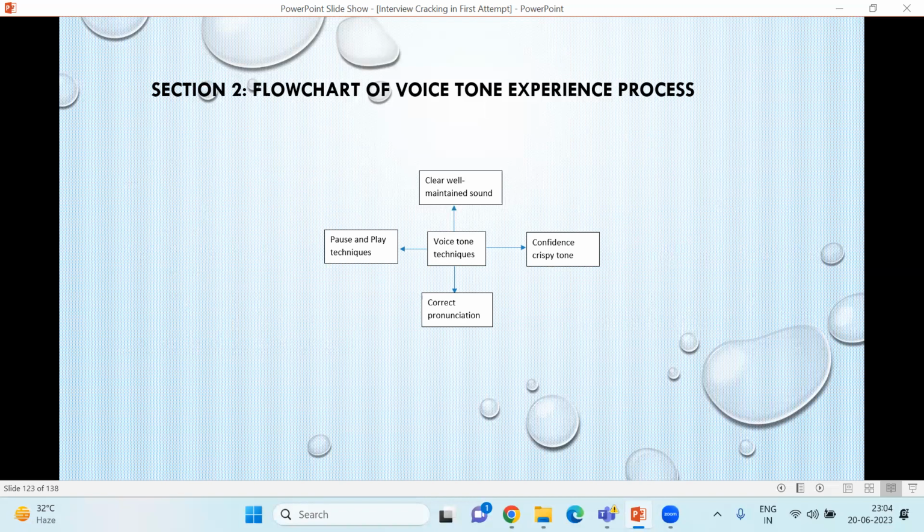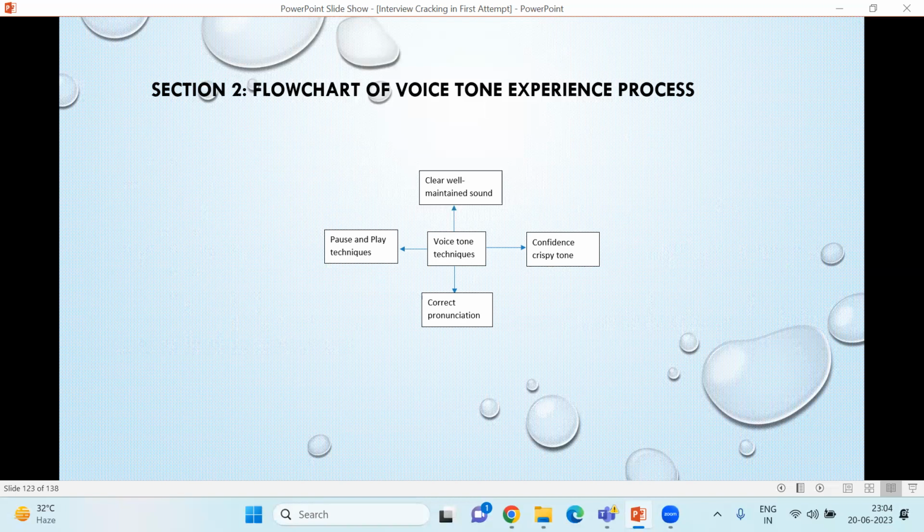And if you make it short, like sit, it is sitting on the chair. So it's very common, but it depends on where slowness is required and where speed is required. That is a technique of voice tone experience and methodologies.